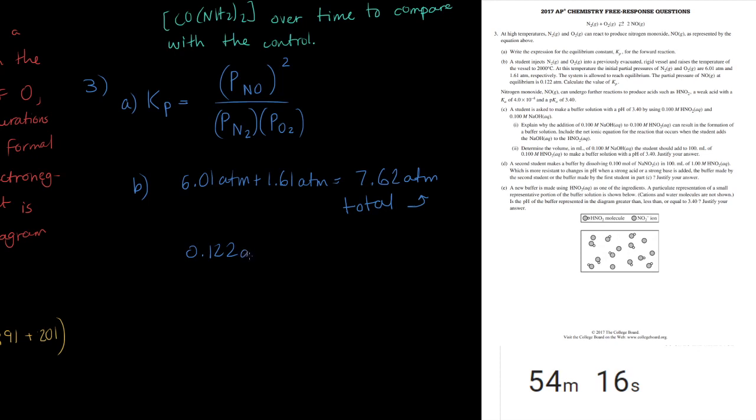Now we know that the partial pressure of NO gas is 0.122 atmospheres. What we've got to remember is that every time we create 2 molecules of NO, we're using up a molecule of N2 and a molecule of O2.